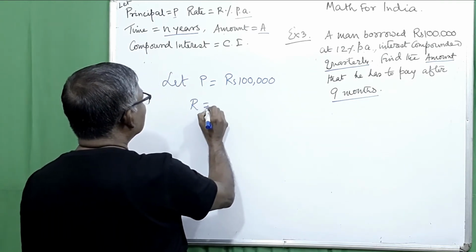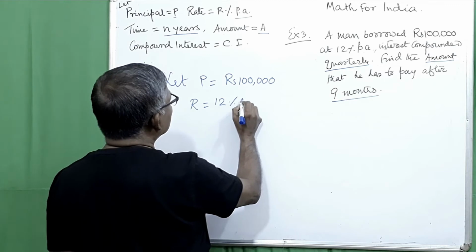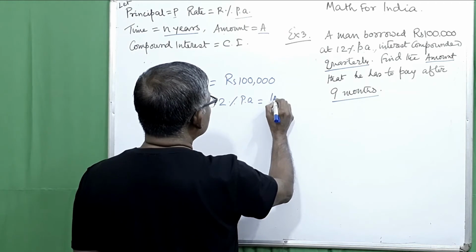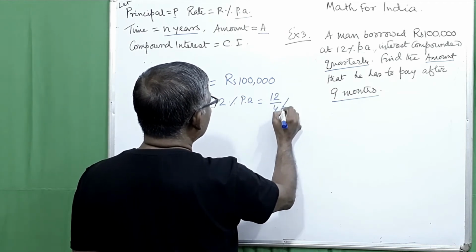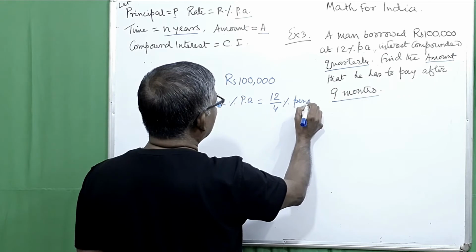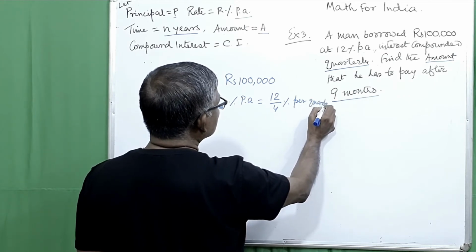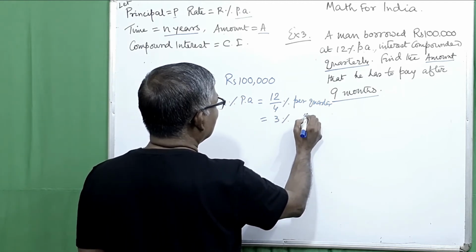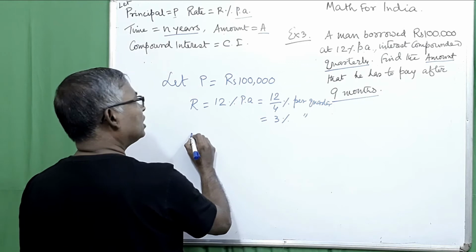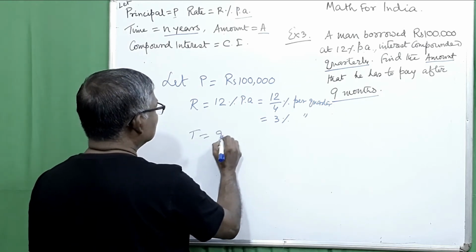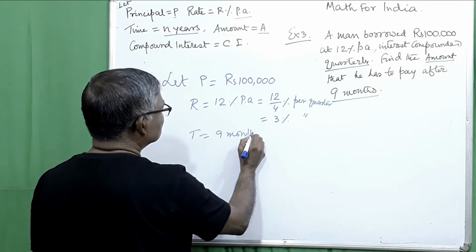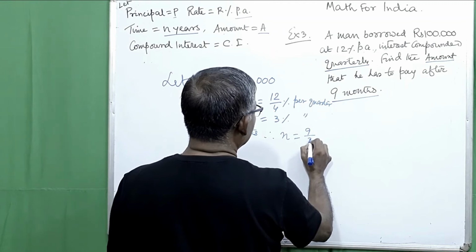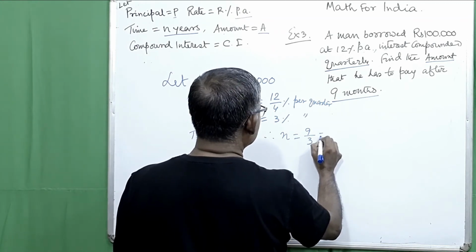Rate is given 12% per annum, that is 12 by 4% per quarter equal to 3% per quarter, and time is given 9 months. Therefore, n equal to 9 by 3 equal to 3.